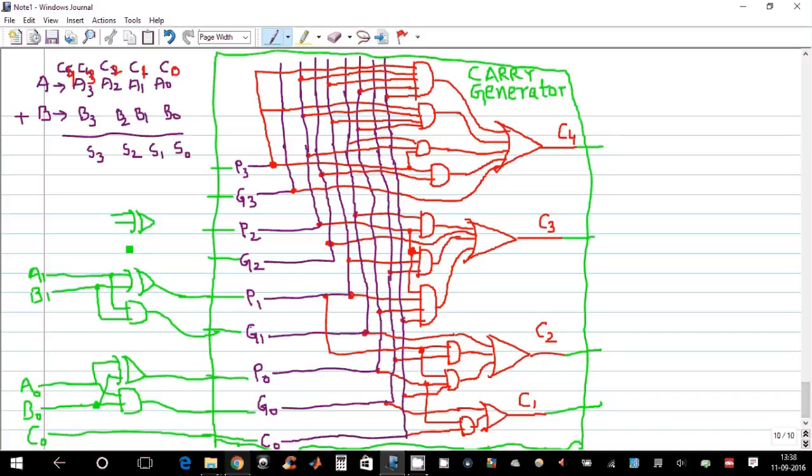Similarly, we require one XOR and one AND gate whose inputs are A2 and B2.